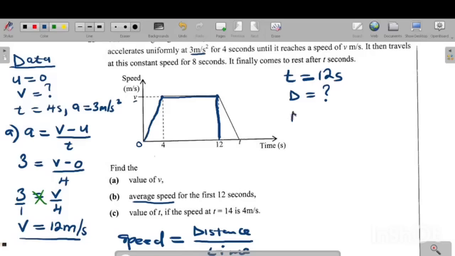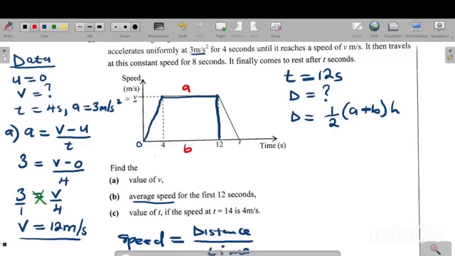Okay, so distance is equal to, the area of a trapezium is half a plus b times the height. Okay, so this is always a. The distance from here up to there is a, then the distance from here up to there is b. Then the height, this is the height.